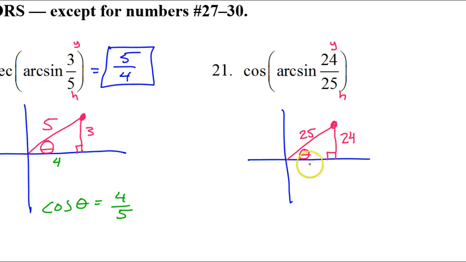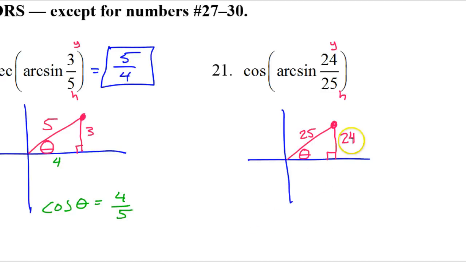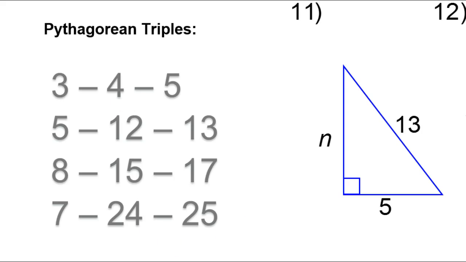Now I could do the Pythagorean theorem to find this unknown side, but this is one of my Pythagorean triples. All right, 7, 24, 25. So as soon as I see the 24 and 25, I know that the other side is 7. Feel free to do the Pythagorean theorem if you want to, but these triples are worth memorizing.